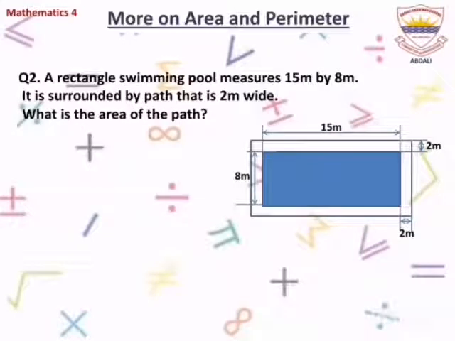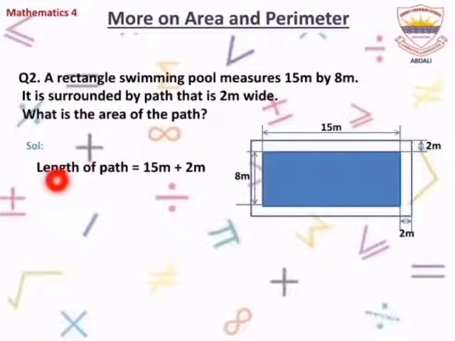Now let's find out the area of the path. Let's solve. The length of the pool is 15 meters.